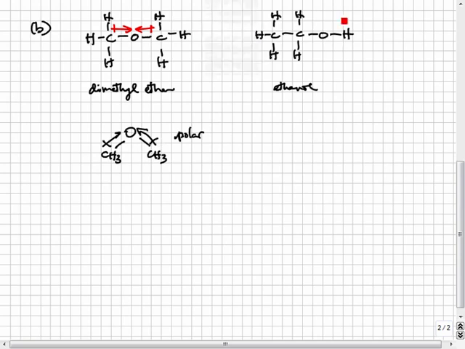When we look at ethanol, we see that the C-O and the O-H bonds are also polar. Looking at the VSEPR geometry of ethanol around the oxygen atom, we see that ethanol is also a polar molecule for the same reason as dimethyl ether. But since the hydrogen in ethanol is bonded to an O atom, ethanol can actually form hydrogen bonds, whereas dimethyl ether cannot.